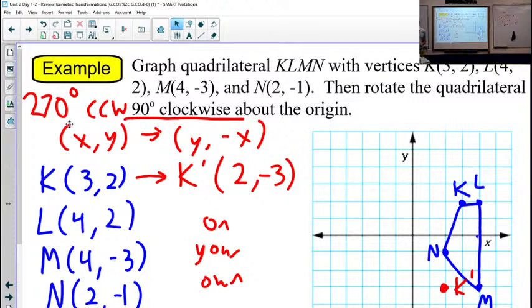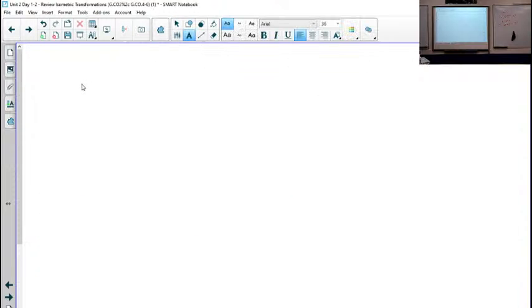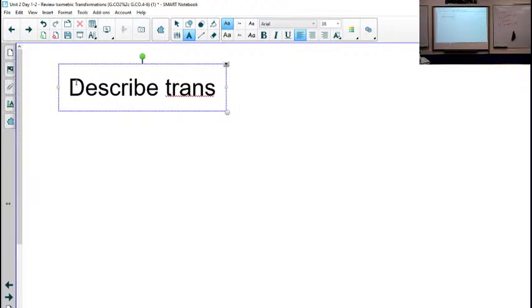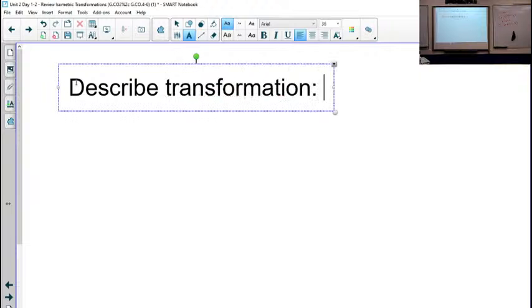One more thing I'll tell you. There's going to be some problems where I'm asking you to describe a transformation. If you're asked to describe a transformation, I just want you to be specific.